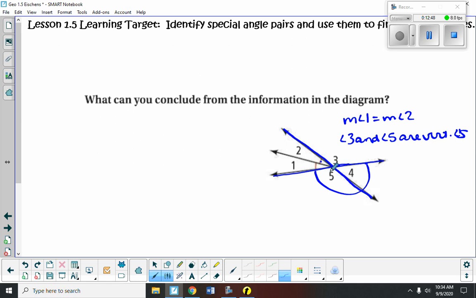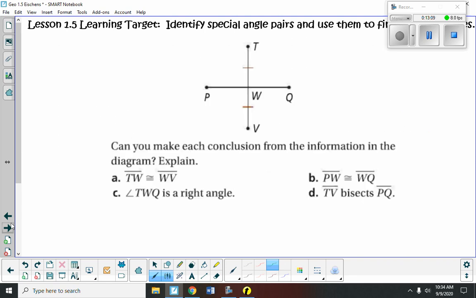And I can conclude that angle 3 and 4 are supplementary. They're adjacent. I can conclude that angle 1 and 2 are adjacent, angle 2 and 3 are adjacent, angle 3 and 4 are adjacent, and angle 4 and 5, and angle 5 and 1 are adjacent. So those are the conclusions that I can make.